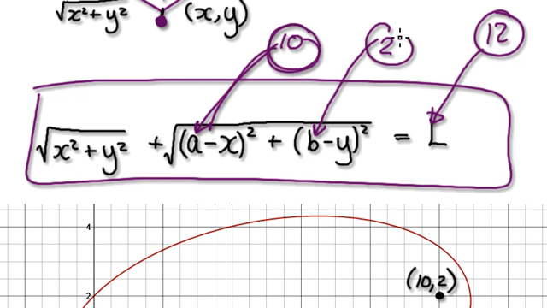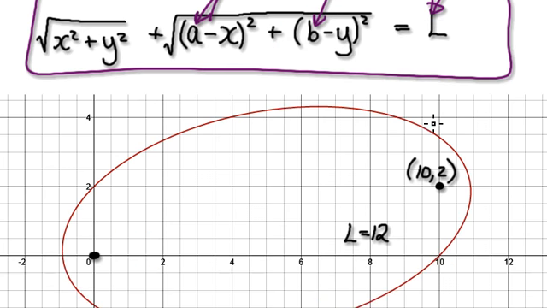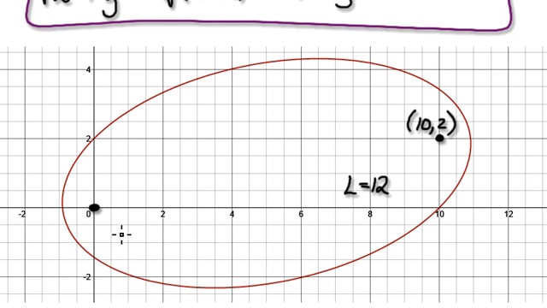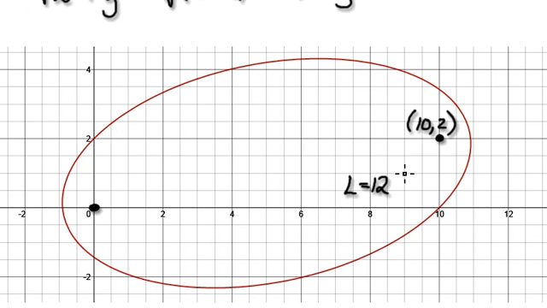What that means is that the length of our string is 12, the point A will always be at the origin, and point B here is 10, 2. So this is our point B, and the length of the string here is 12.